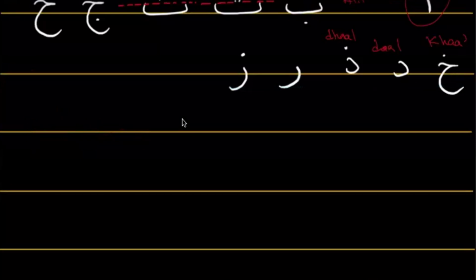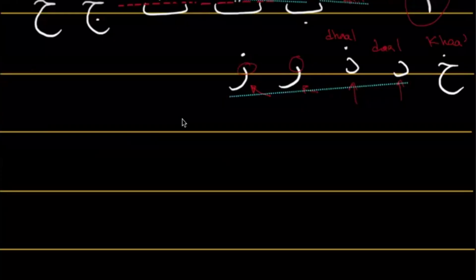You can see here dal and thal are over the line, while ra and zay are under the line. And notice though that a part of them is over the line. That's one of the benefits of learning the handwriting tips.